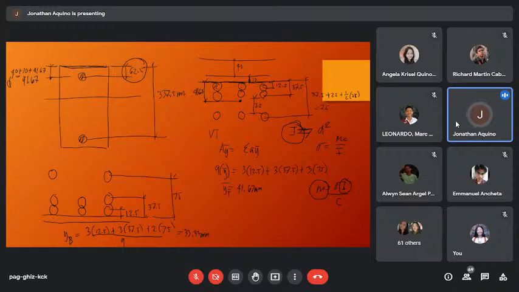So 33.33. So meaning, kung meron pa tayo ditong concrete cover na 40, okay? So yung D natin ngayon, actual D, based on the design, is equal to 400. Yung total height ng beam natin is 400 millimeter. Minus concrete cover of 40. Minus diameter of stirrups na 10. Okay?